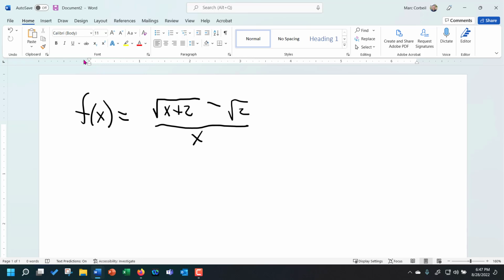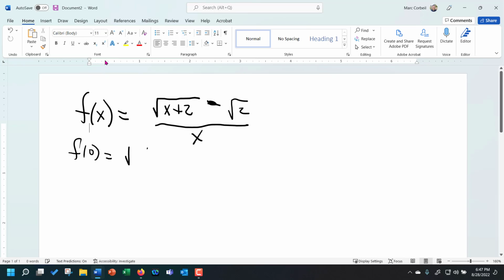So if I take this one, I can see obviously that x equals 0 could be a problem, because if I try f of 0, I will get 0 plus 2 minus the square root of 2 over 0.